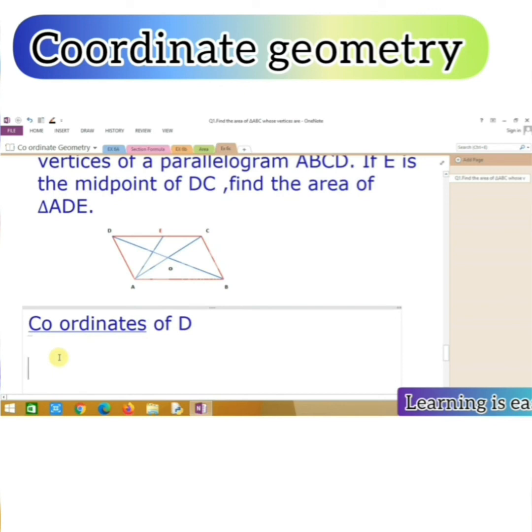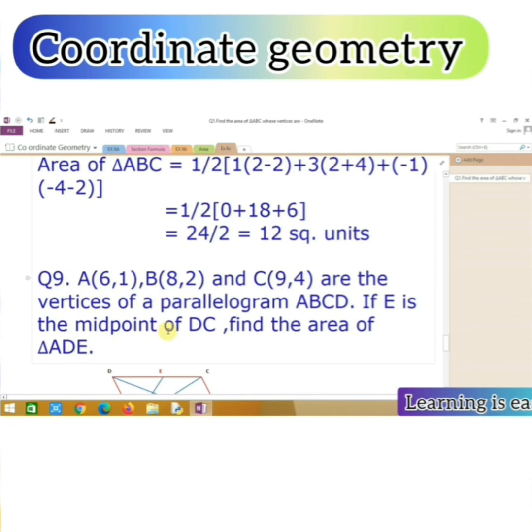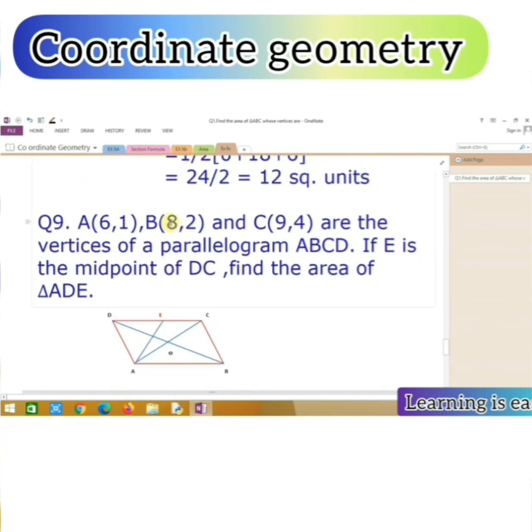Let's assume the coordinate of D as x and y as of now, and B we already know that's 8 comma 2.